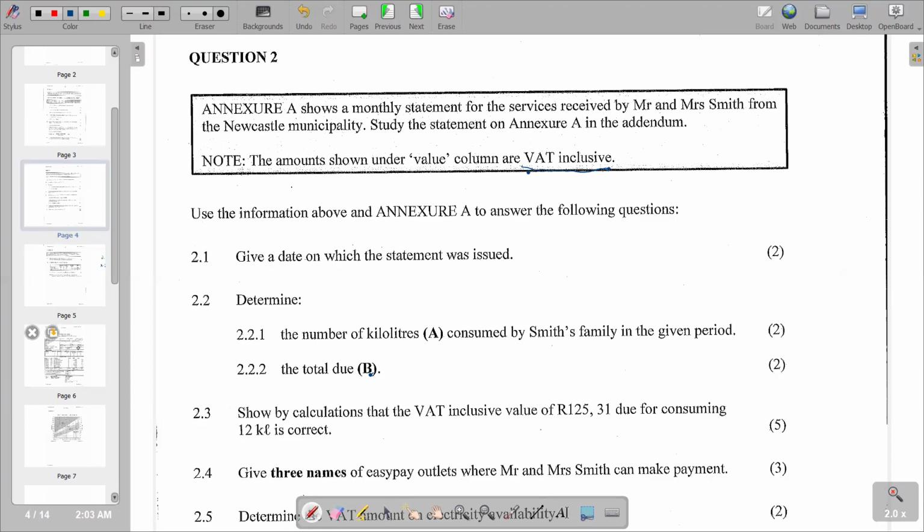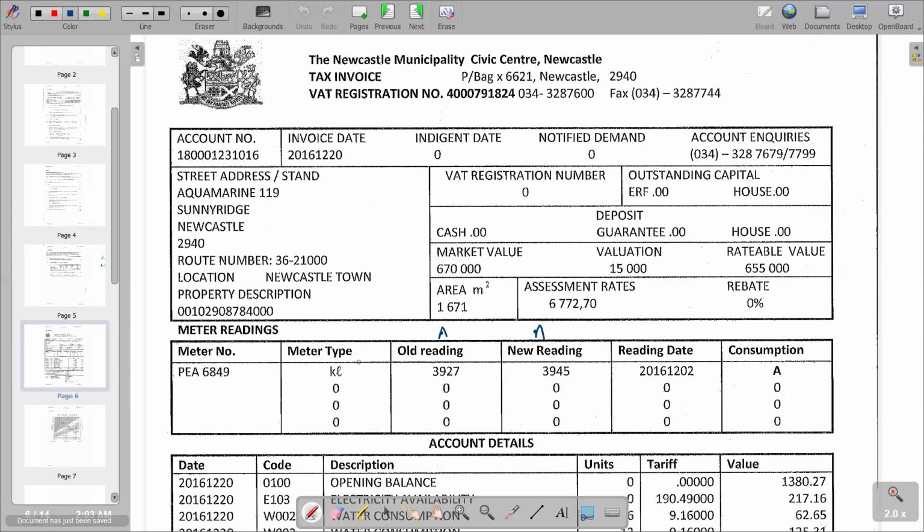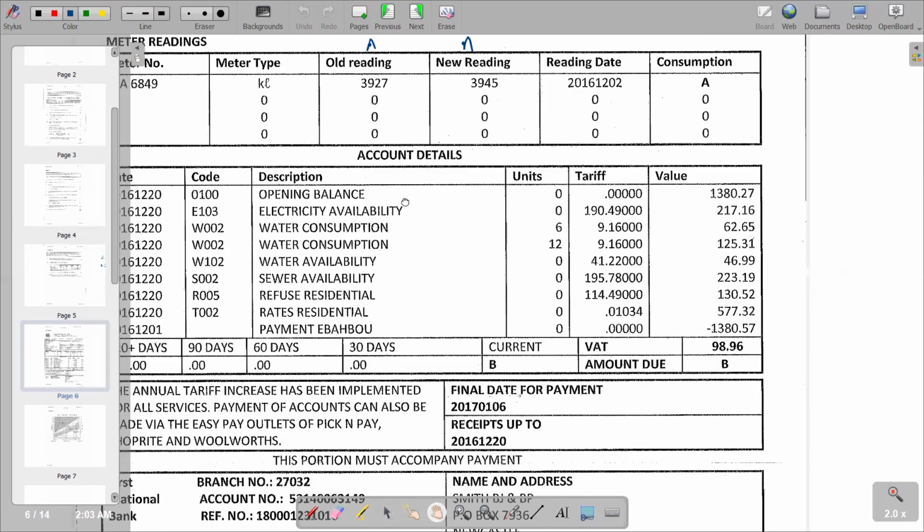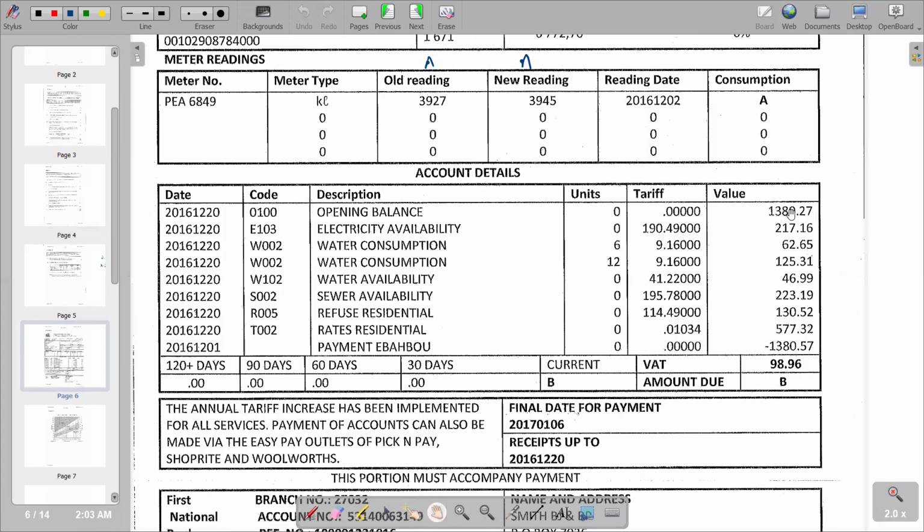Next we can calculate the total due by going to the statement that we are given. According to the information given, at the beginning is the opening balance, which is the amount that was due at the beginning of the period, 1,380.27. But we see that there was a payment made here that we also have to take note of. So there was a payment for the amount that was due at the beginning.